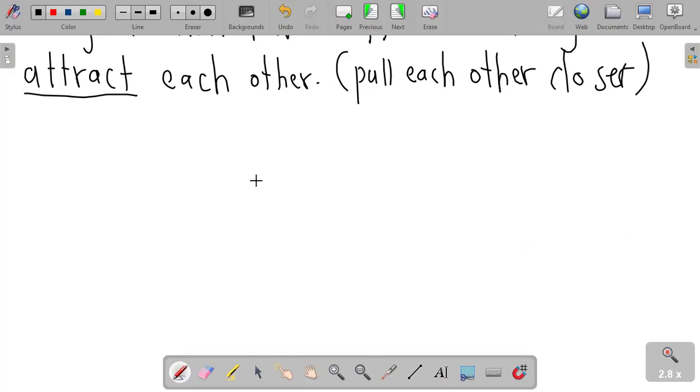So if the charges are opposite, you can have a positive and a negative, or a negative and a positive, and they attract each other.